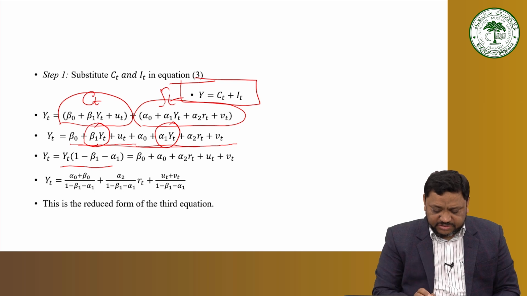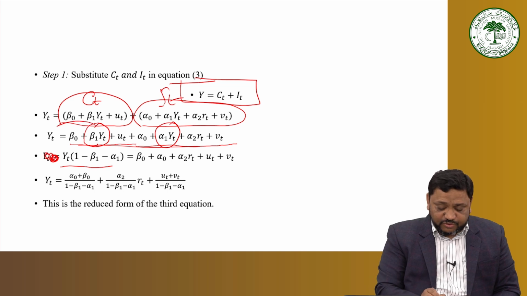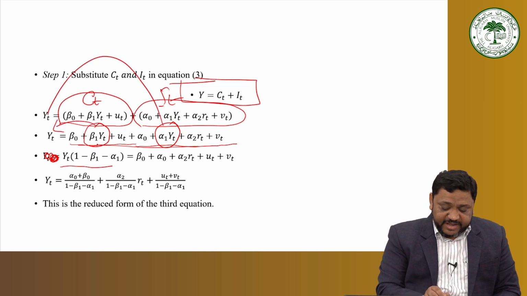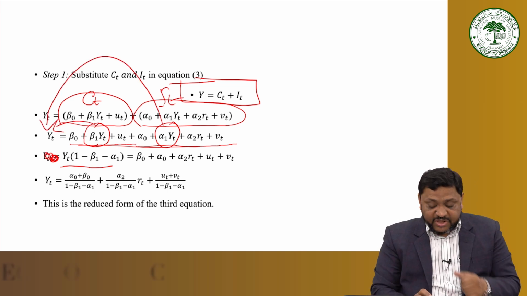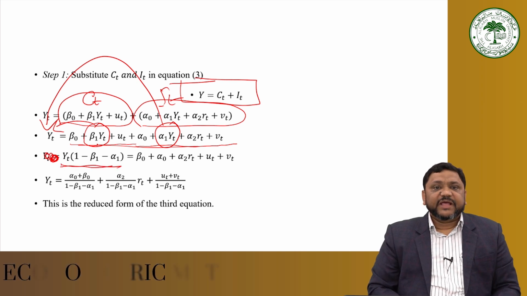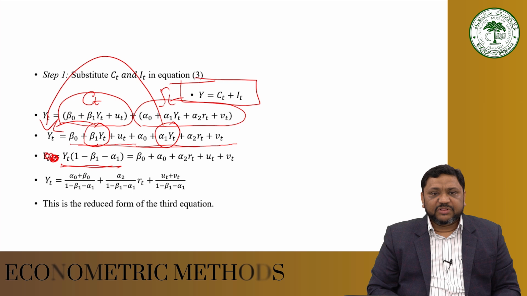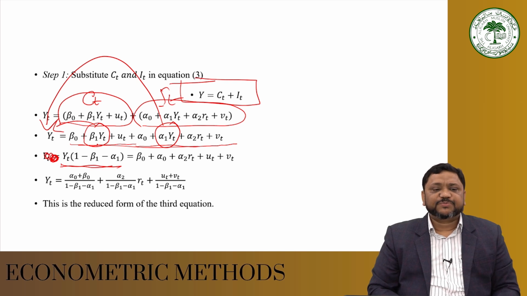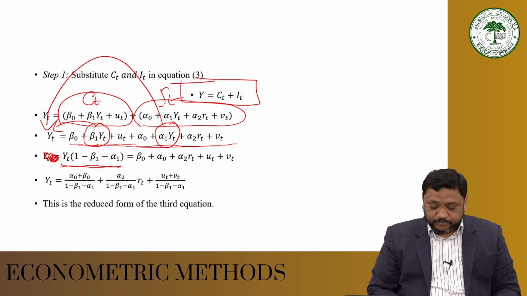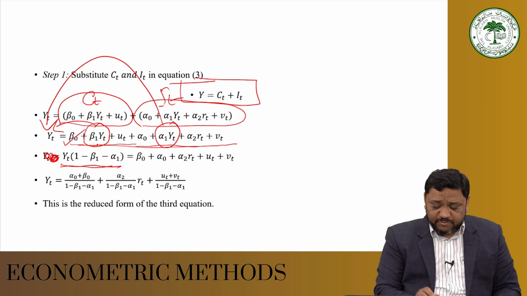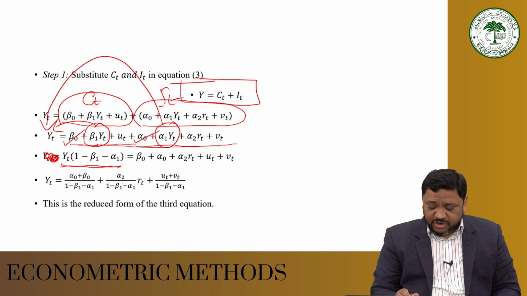Just a second, there is a misprint over there. We take this to the left hand side, we take this also to the left hand side, and then take yt common. What is left is yt times the bracket 1 minus beta 1 minus alpha 1. This is equal to the remaining terms: beta naught, alpha naught, alpha 2 rt, ut, vt.